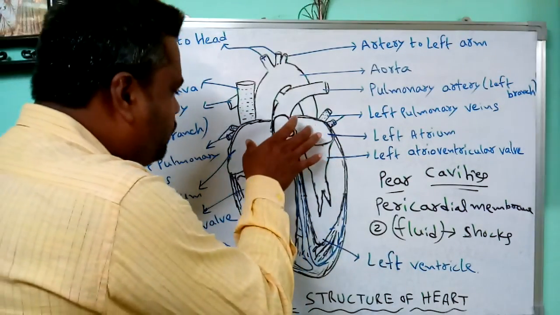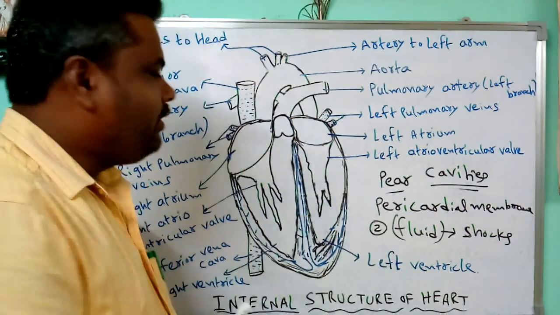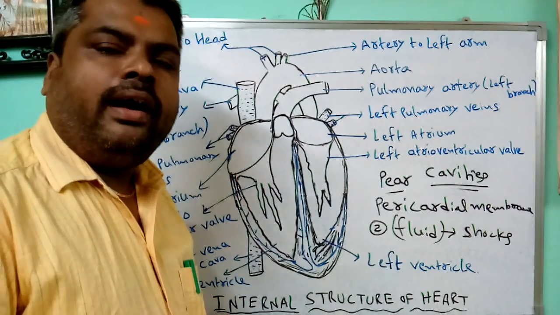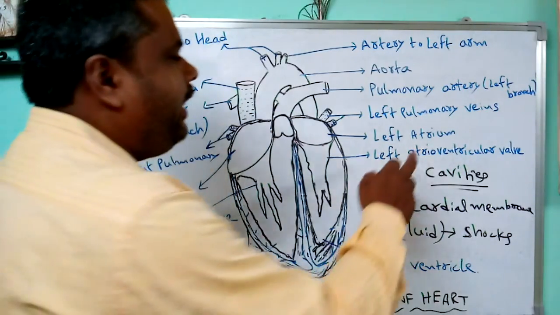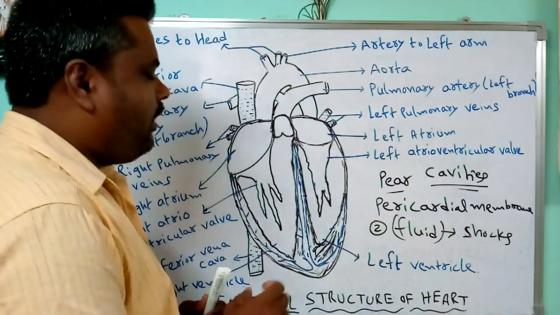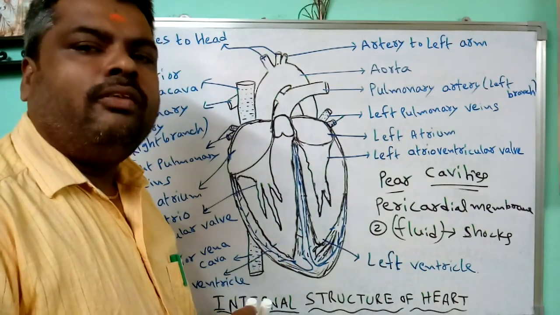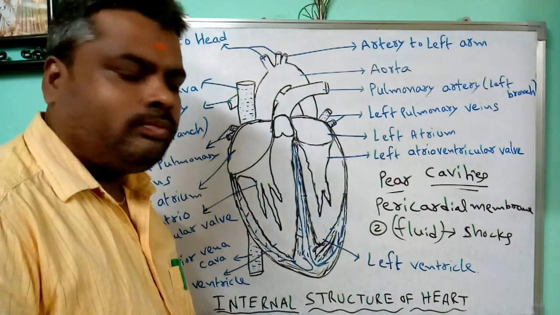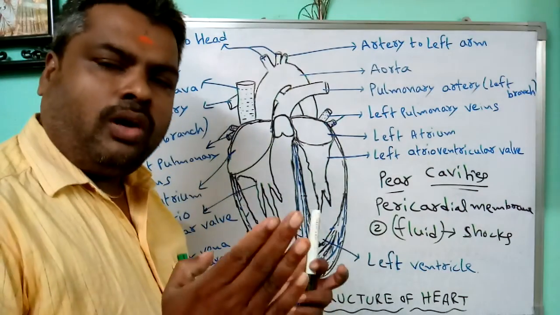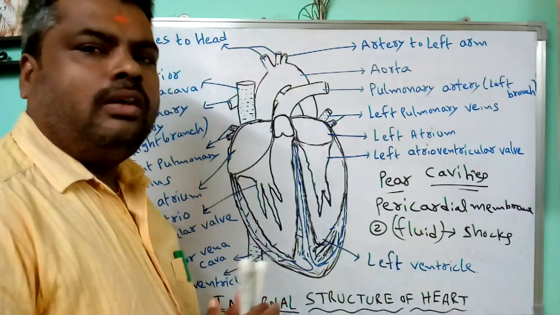The upper two grooves are commonly called atria or atrium. The lower chambers or lower cavities are commonly called ventricles. The upper grooves are small in size when compared to the lower ones.